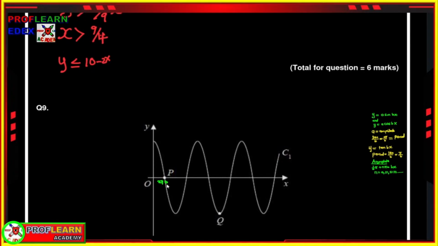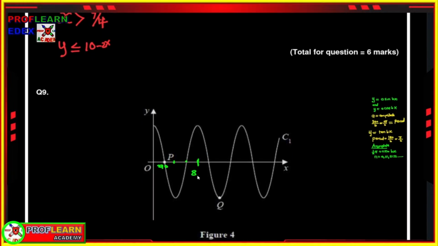We are told that P is 270, then it means if a quarter cycle is 270, then what will be the full cycle? Because we have 4 quarter cycles in a complete cycle. This will be also 270 at this point, and then 270 plus 270 will be 540, plus 270, and then plus 270, so we shall have 1080 at that given point.